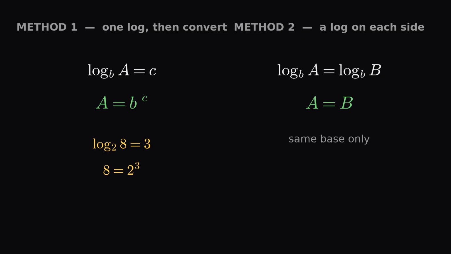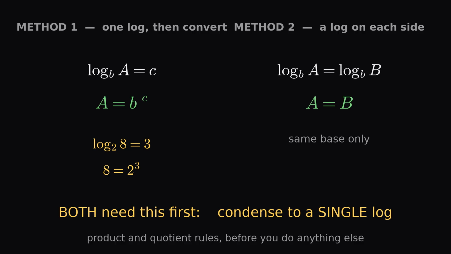Method 2. If you've got a log on each side and the bases match, then the arguments must match, and the logs just vanish. But both methods need the same thing first. Condense. Use the product and quotient rules to squash everything into one log before you do anything else.